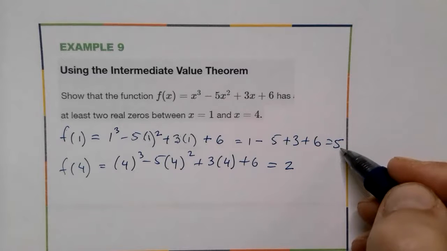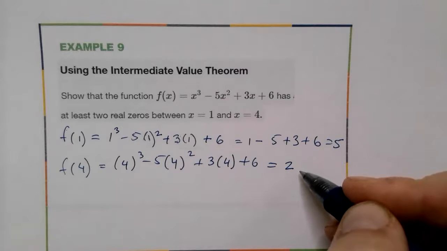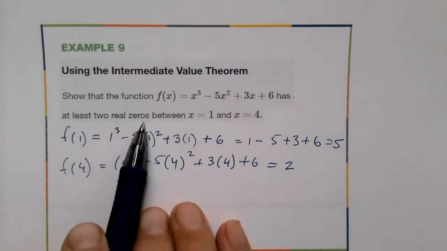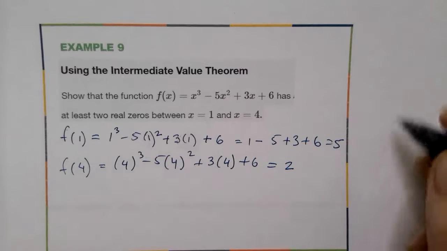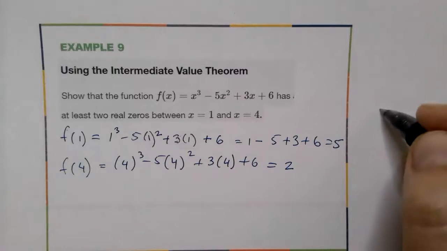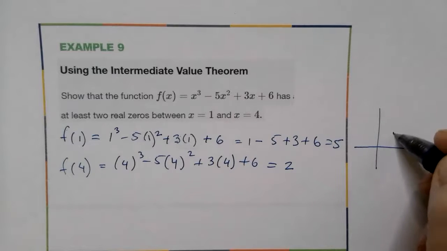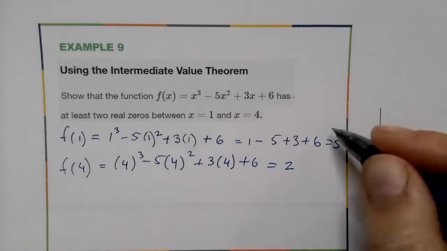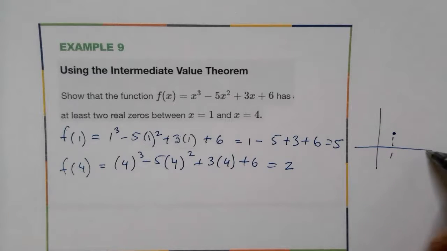So positive and positive. Now we want to show that there is at least 2 real zeros between x equals 1 and 4. So basically we have a positive value at 1, and it's, I mean, my drawing is not up to scale, and it's positive again.